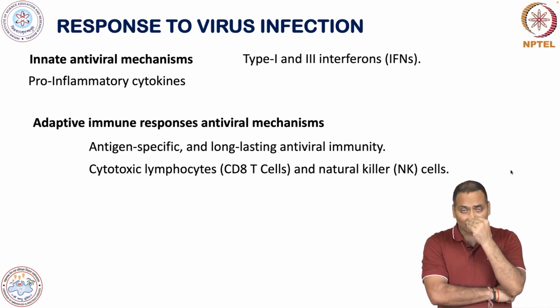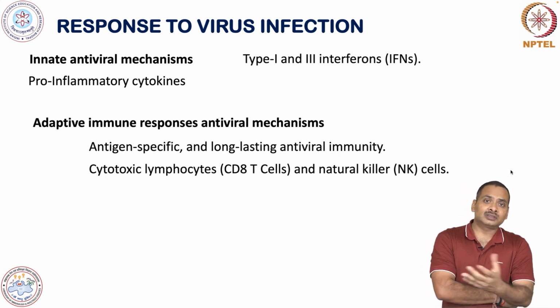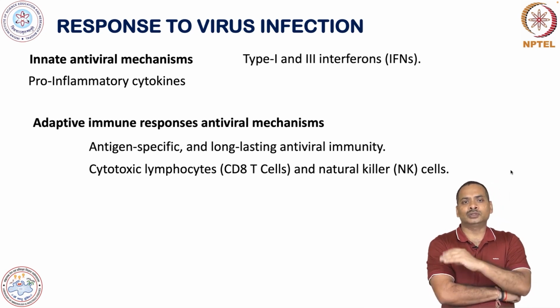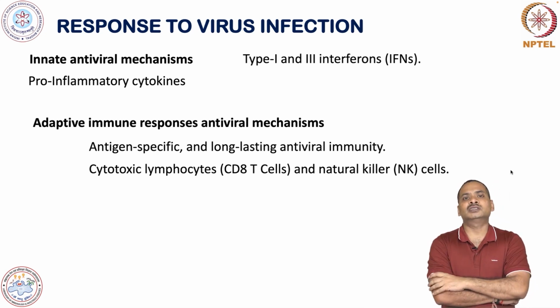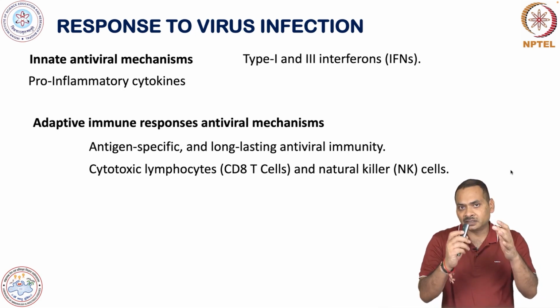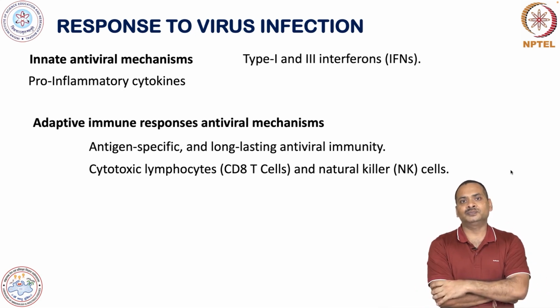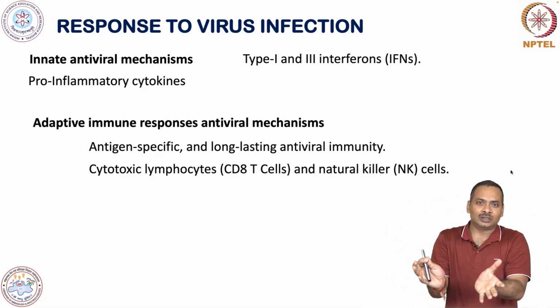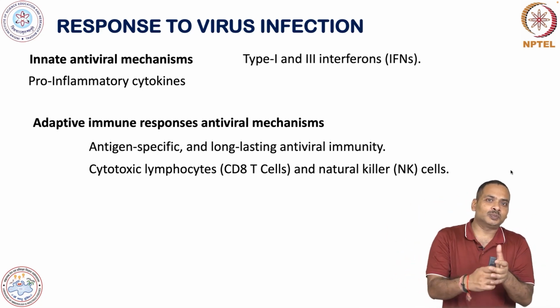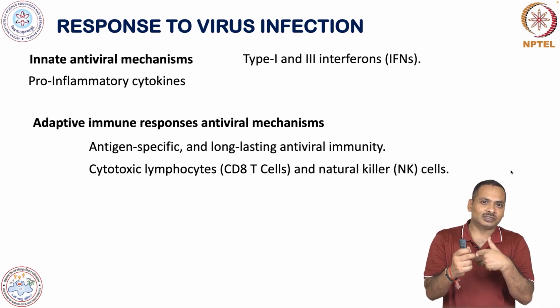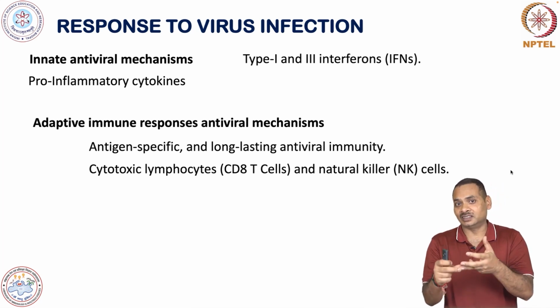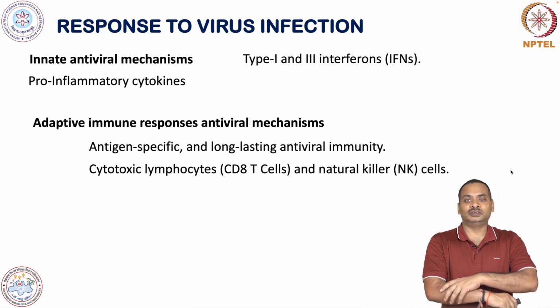Here there is also involvement of natural killer cells, which we consider an innate immune cell. Natural killer cells and cytotoxic T cells basically kill the virally infected cells. So now you can understand that one of the outcomes of the protective response is production of interferons and pro-inflammatory cytokines, and cell death is also a protective response.